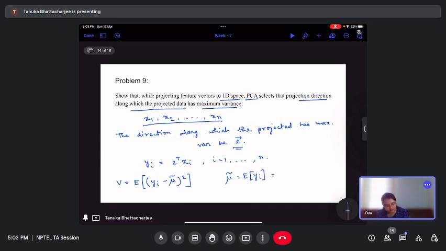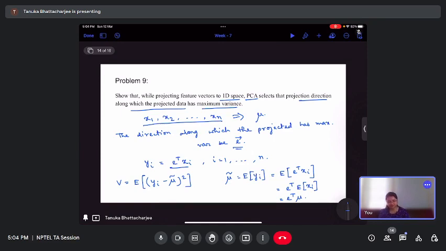Now, your yi is E transpose xi. E is a constant direction for all, so you can simply take E transpose out and take the expectation of xi. Let us assume that the expectation for this is mu. So, your mu tilde is basically E transpose mu. So, the mean of all the projected data yi is basically E transpose times the mean of the original data points xi.